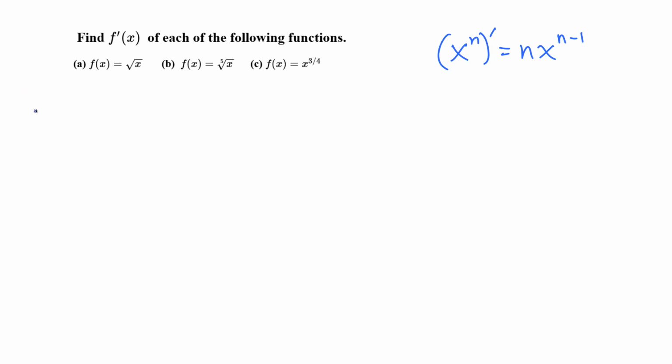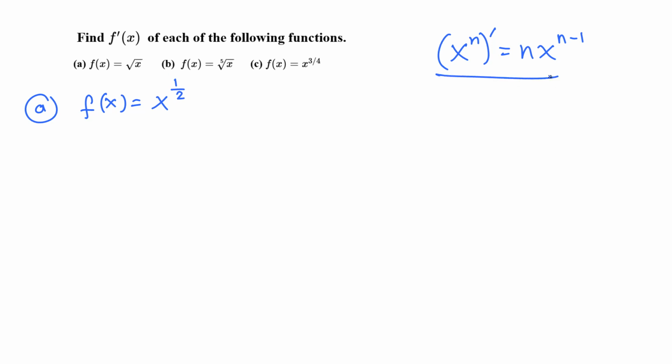So in part A, we got root x. The function is root x, which is the same as x raised to 1/2. Now this is like x raised to n. This is the function and we are trying to find its derivative.